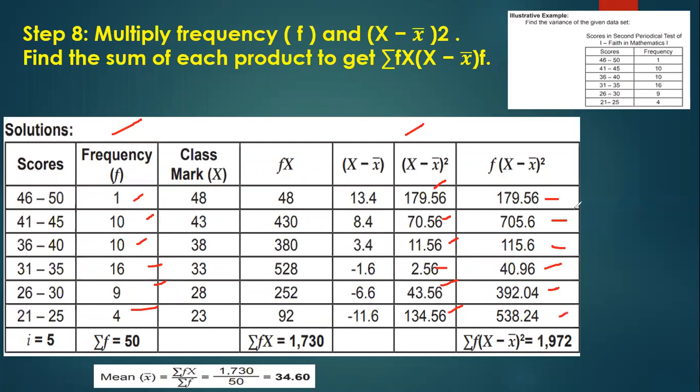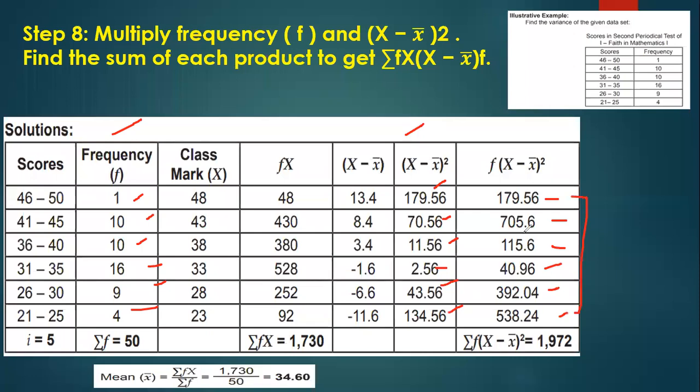After you get this, you need to add all to get the sum. So 179.56 plus 705.6 plus 115.6 plus 40.96 plus 392.04 plus 538.24.